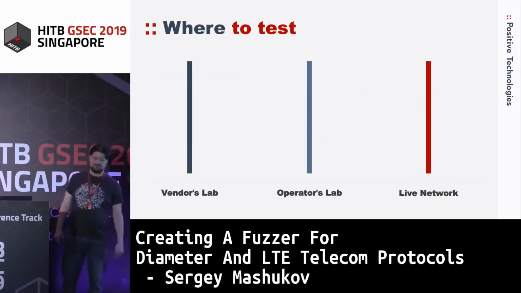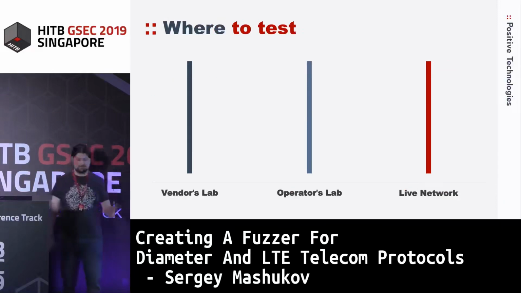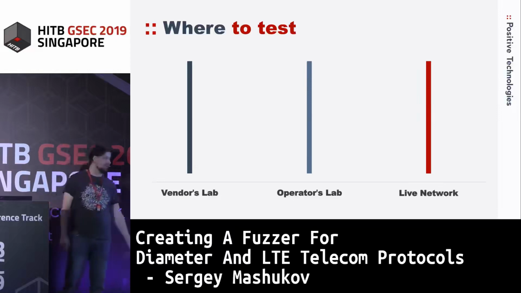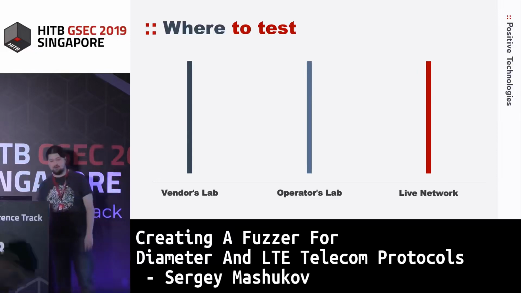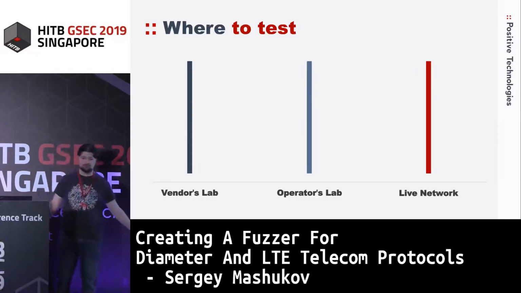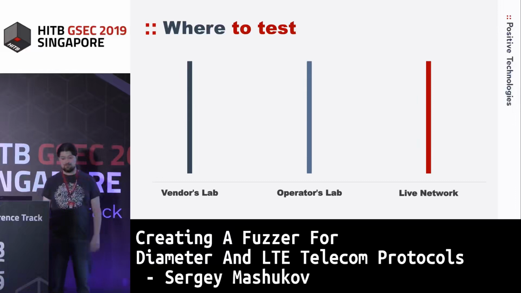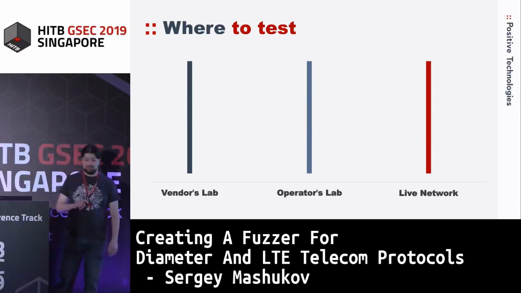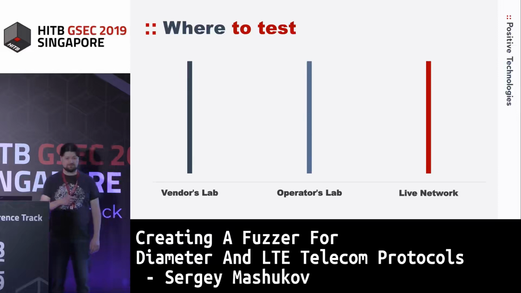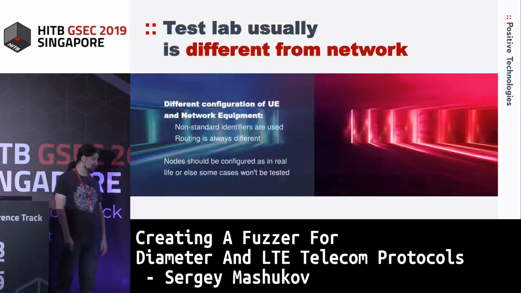So, as I said, there are 3 different ways to test. You can do this in the vendor's lab, in the operator's lab, or in a live network. And what we usually do is the operator's lab, not the vendor's lab, unfortunately. There's the option of a live network, but as you've seen with the Telenor case, it might not be the brightest idea to do fuzzing there.